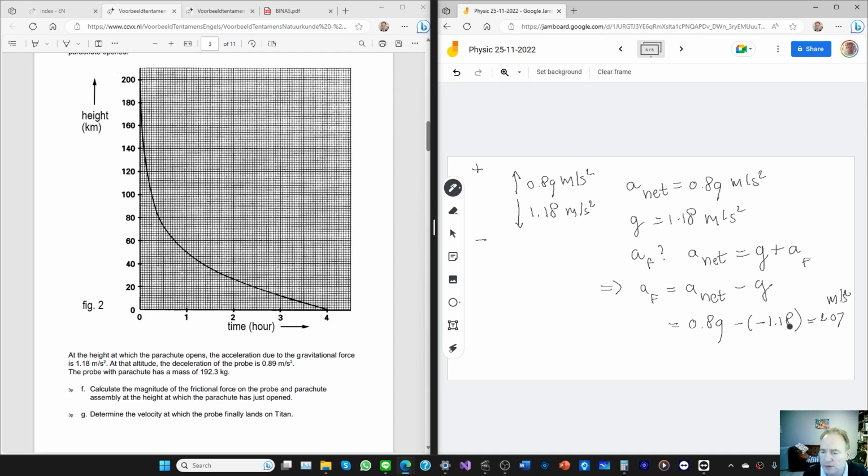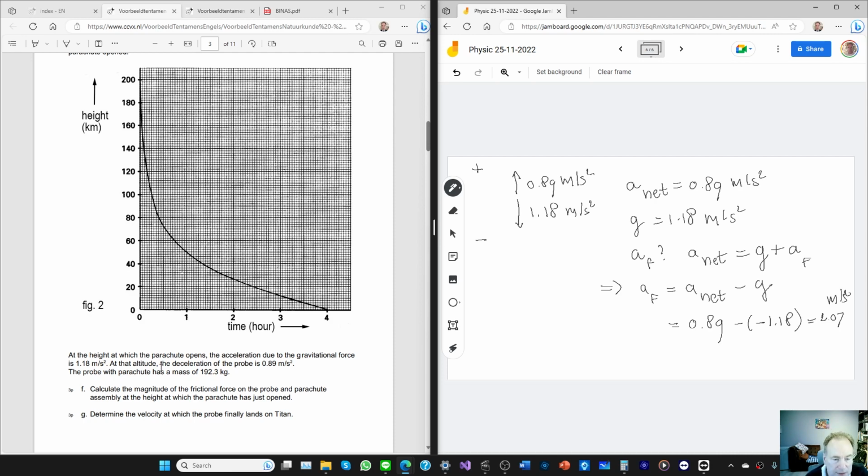I just need to add these two numbers here. So this must be the one coming from friction, and together with the acceleration from gravity downwards, it leads to this net acceleration.